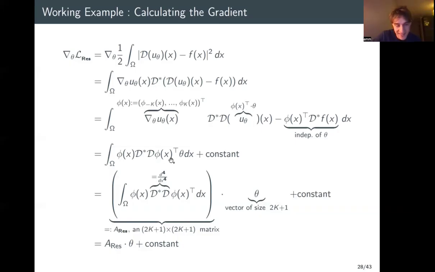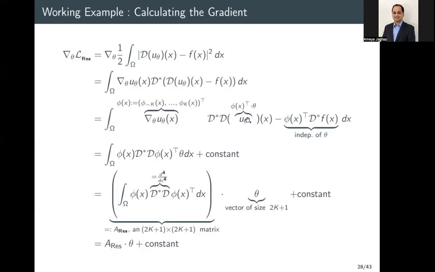Yeah. Okay. And just one thing, since you have written the final expression as a residue dot theta plus some constant, so basically this will only come when you have the Galerkin ansatz, right? Yeah, exactly. So here we have in all generality this, which you can't reduce. Instead of having this phi, we're going to have the gradient of u theta.